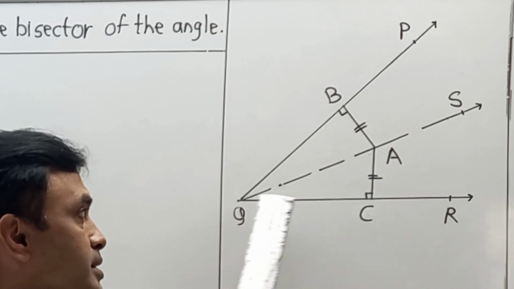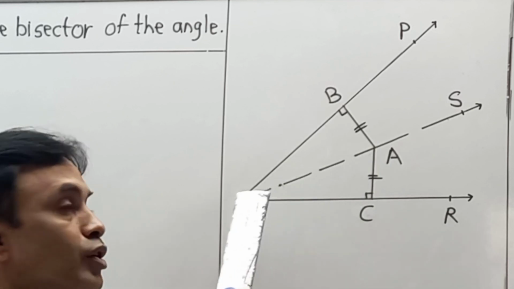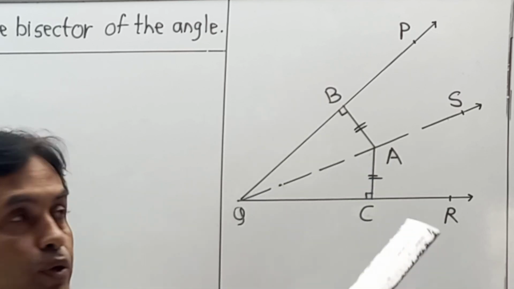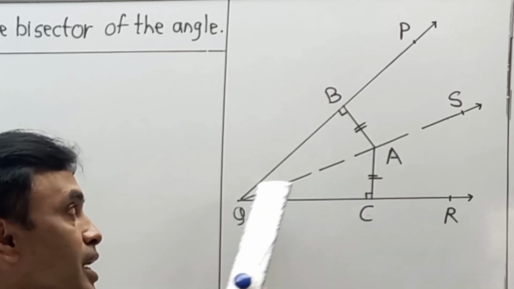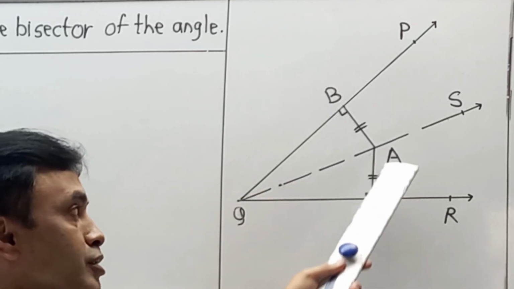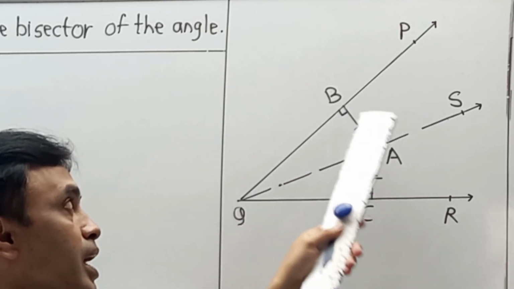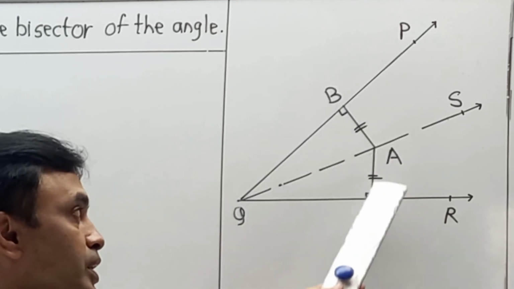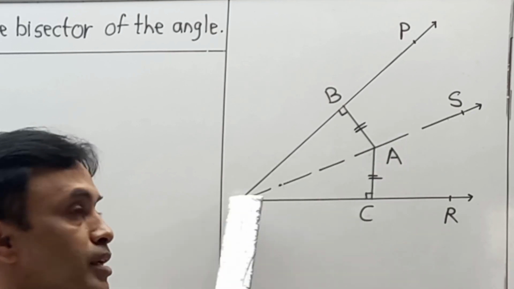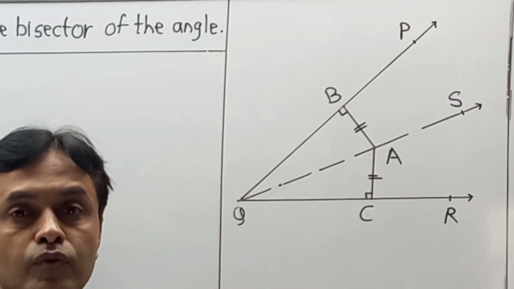In triangle ACQ, angle C is 90 degree. Opposite to it, AQ is a hypotenuse. Then we are going to write hypotenuse AQ congruent to hypotenuse AQ, and then AB is congruent to AC. Therefore, triangle ABQ is congruent with ACQ by hypotenuse side test of congruency.